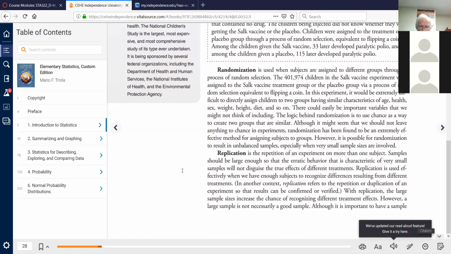There is a replication is another issue.